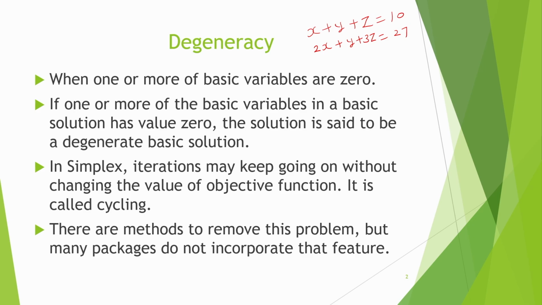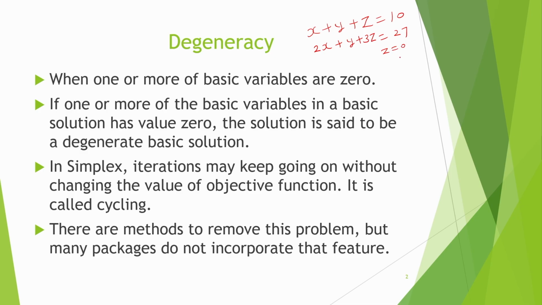Similarly, you can fix x also at some value. So how many solutions are possible here? Basically, there are an infinite number of solutions possible, but we do not call them basic solutions. Basic solutions are those where, suppose I force z is equal to 0.